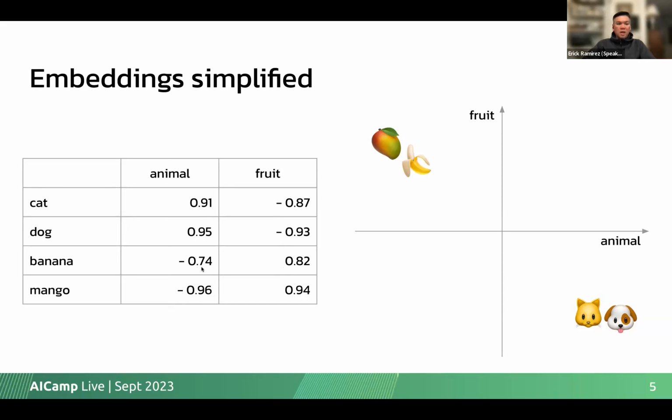Whereas as a fruit, the banana and mango rate pretty highly. So on the graph here on the right, on the 2 dimensions, just on the fruit and animal dimension, they're pretty much complete polar opposites.